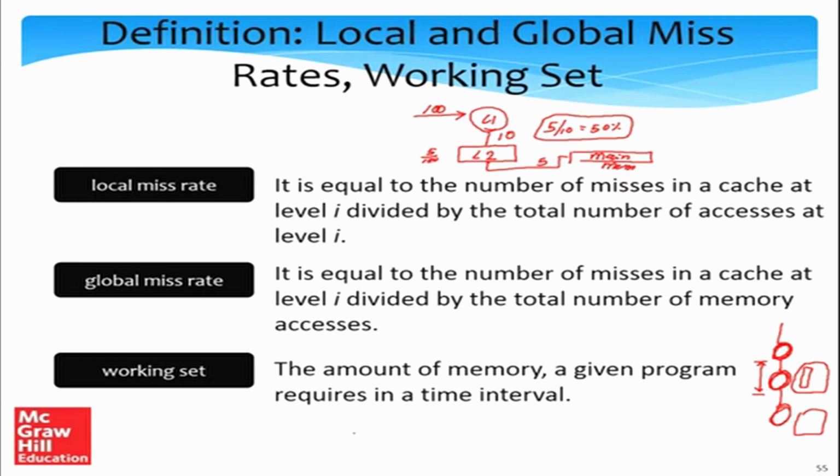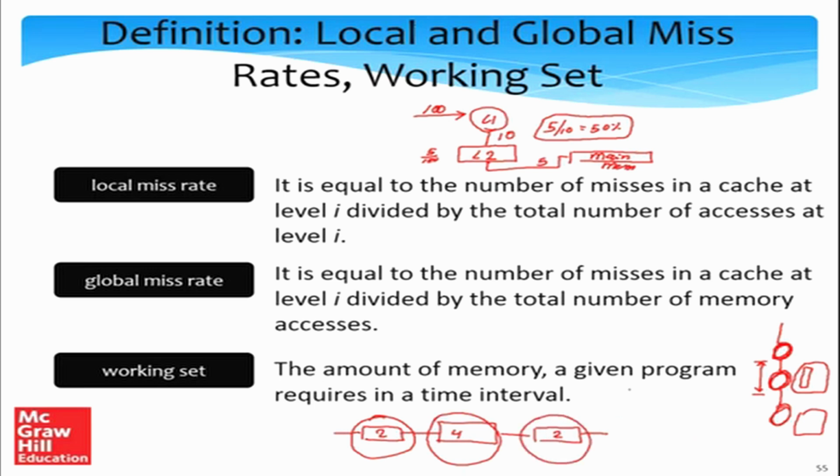Let's assume that one more program accesses 2 megabytes for some period of time, then for another period of time it accesses 4 megabytes, meaning that it has loops that scan through that entire 4 megabytes of data, and then again it accesses 2, like that. So at this point in time the working set is 2 megabytes, at this point the working set is 4 megabytes, at this point the working set is 2 megabytes, and so on.